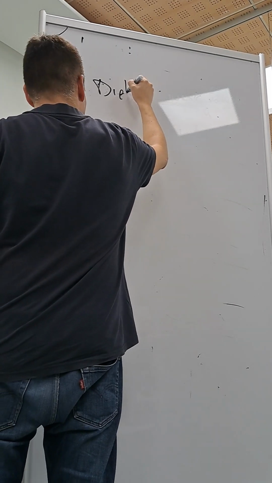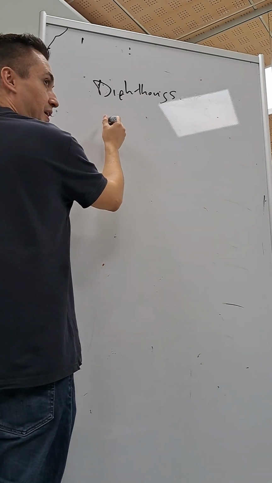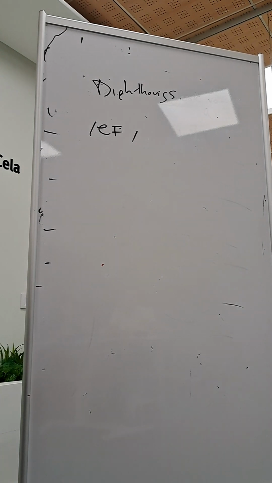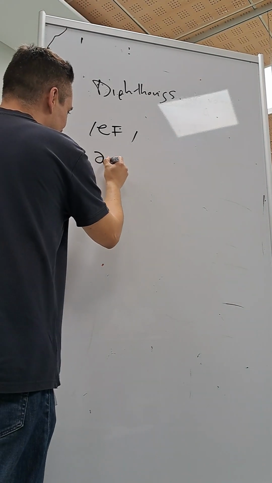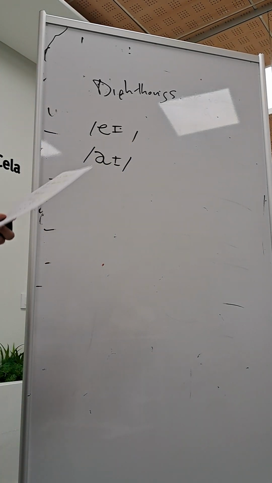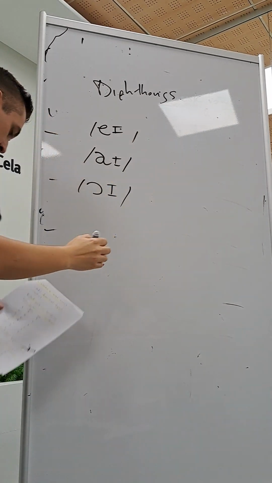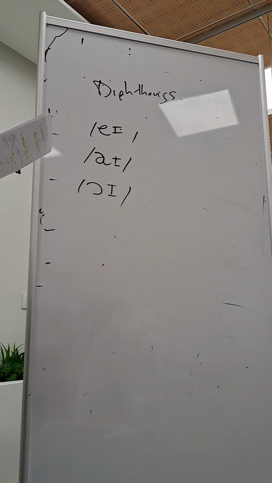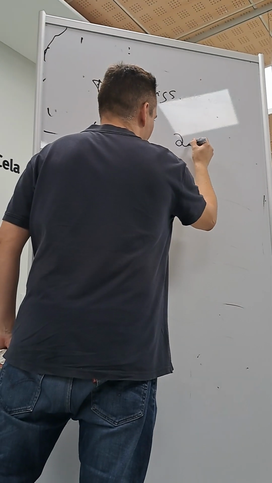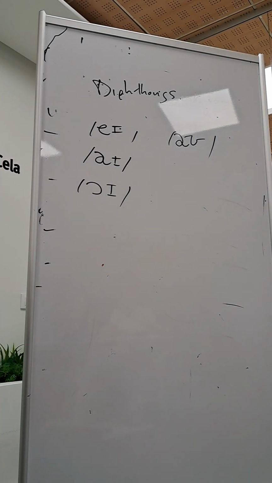Eight. Right? So, train. Bike. Boy. Mouse.